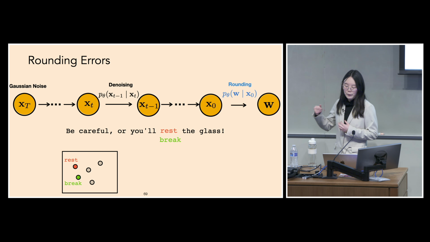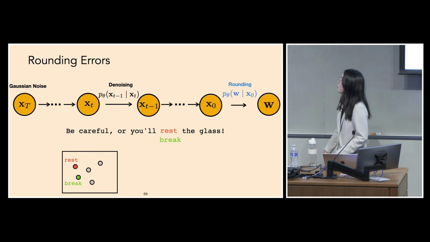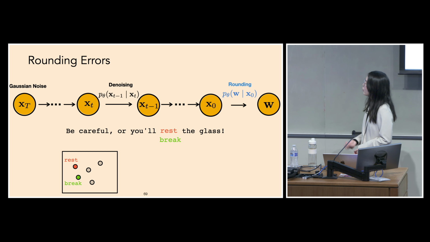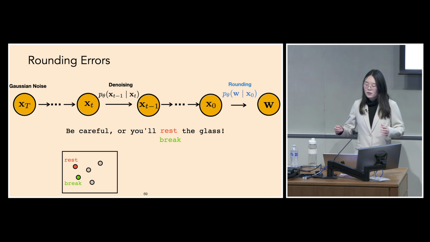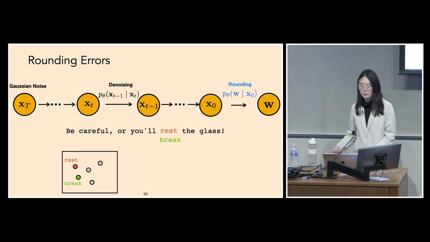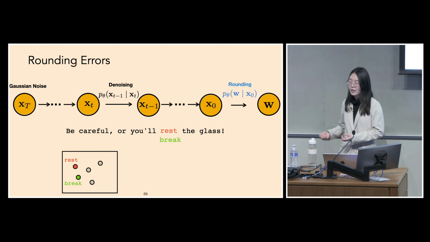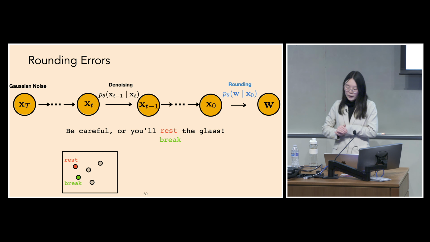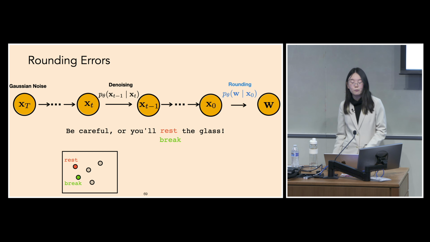But as we foreshadowed before, there could be rounding errors. For example, we might be generating "be careful or you will rest the glass" instead of the correct version, which is "be careful or you will break the glass." So this occurs because rest and break are actually very close in the embedding space, because they are mostly interchangeable in many contexts, such as take some rest, take some break. However, in this particular case, they are not interchangeable.